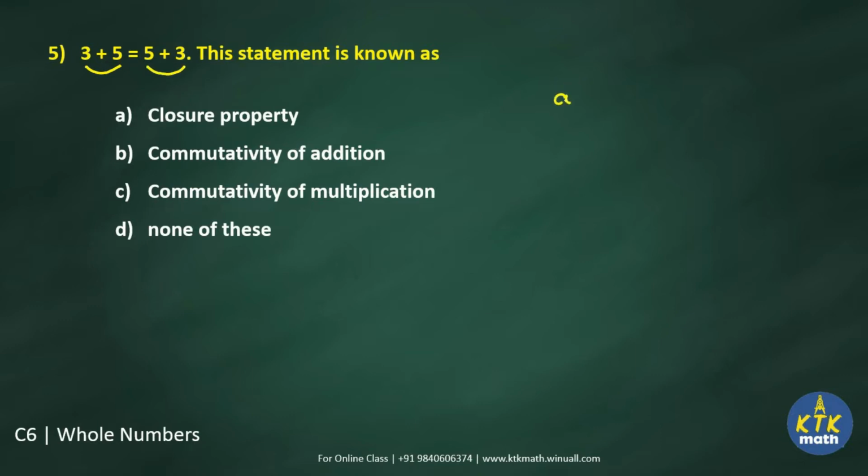This is in the general form of A plus B is equal to B plus A. You are choosing 2 whole numbers and adding. In the same way you are reversing and adding. You are interchanging the positions, like writing 2 plus 3 and 3 plus 2.